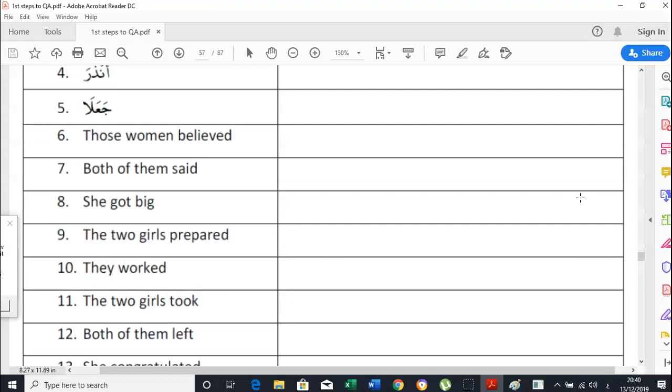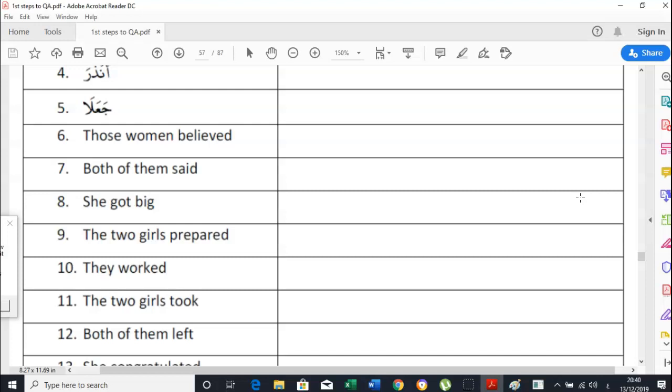Okay. Number 5, was that one again? You tell me. Ja'ala, you tell me. So alif is an indication that it's what? It's pair, yeah? Pair. Now you gotta figure out which one is it going to be, third person or second person? No, it's got alif at the end. Remember, the second person, they all rhyme.